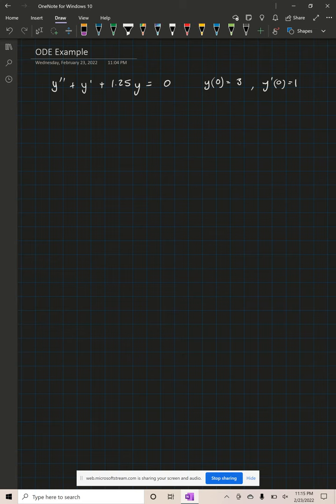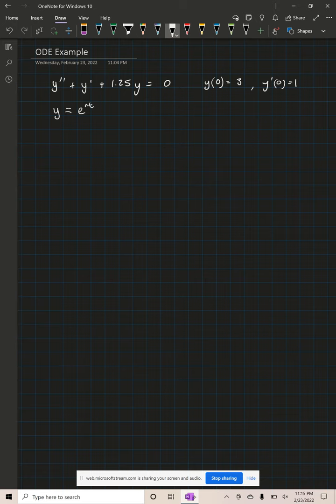So the first thing that we want to do when solving this equation is try to find a function with a property where the second derivative is the same as the function itself. There's one function in particular that does this from calculus, and it's y is equal to e to the rt.